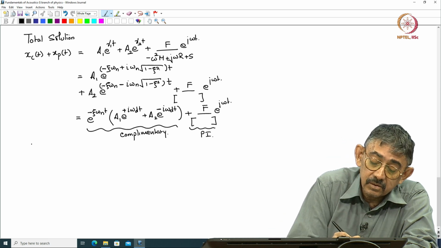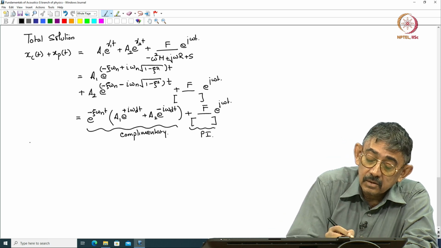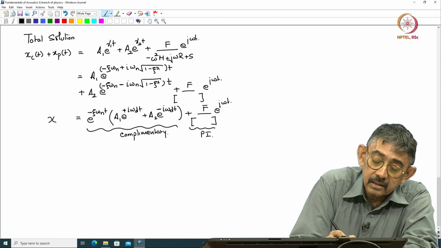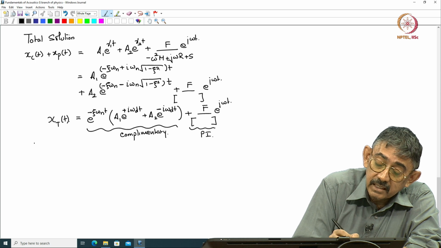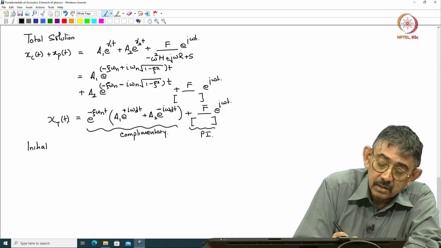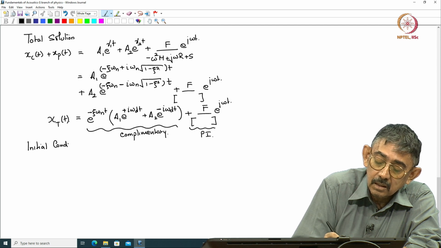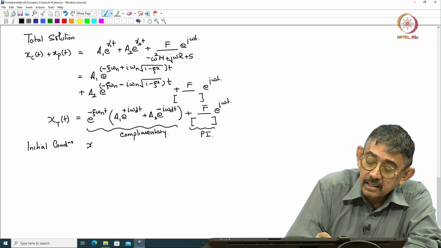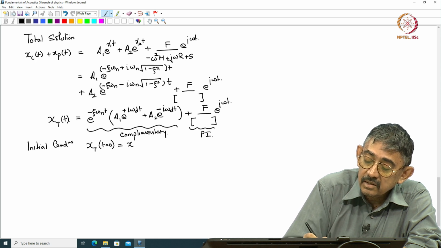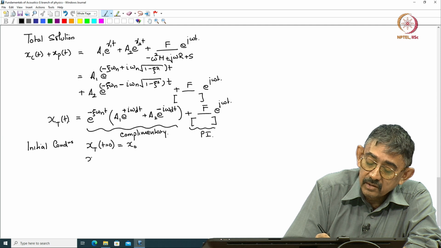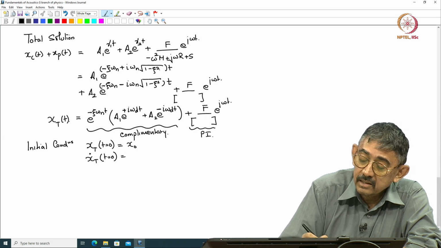Now this is the total solution. Okay. And if you subject it to initial conditions, which are x total at time t equal to 0 is, let us say, x0, and x dot total at time equal to 0 is, let us say, x dot 0.